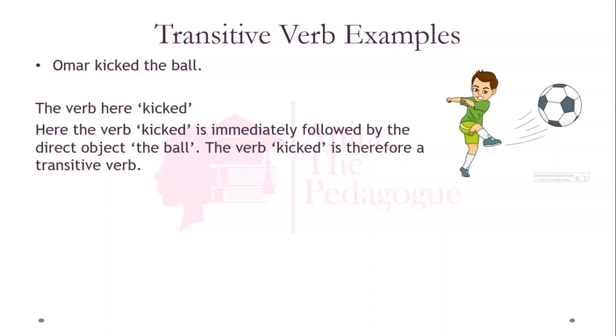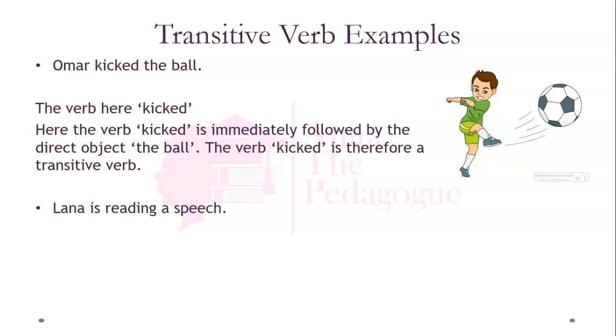So, our verb here is kicked, and the verb kicked is immediately followed by the direct object or noun, the ball. The verb kicked is therefore a transitive verb because it allows you to add a noun or a direct object immediately following it. Let's look at our second example.